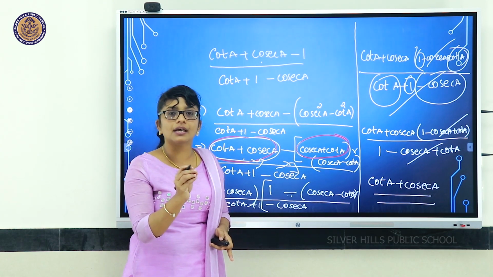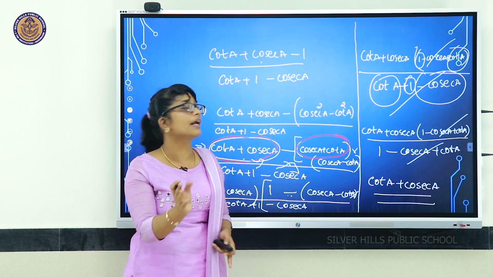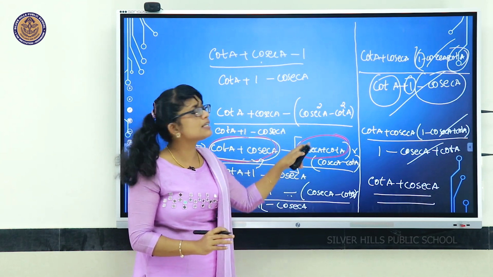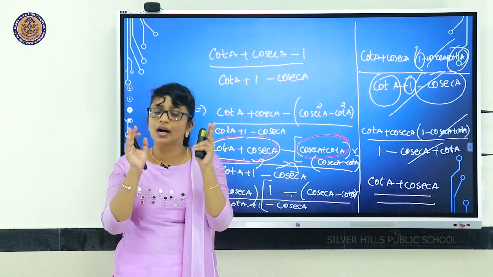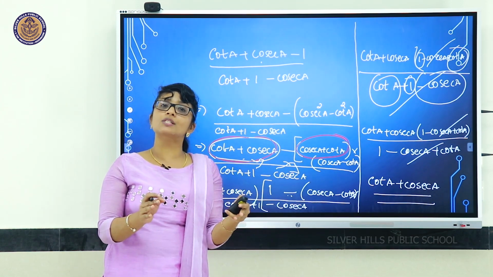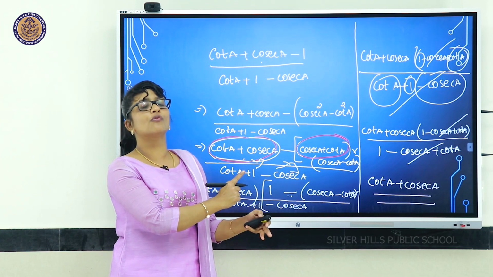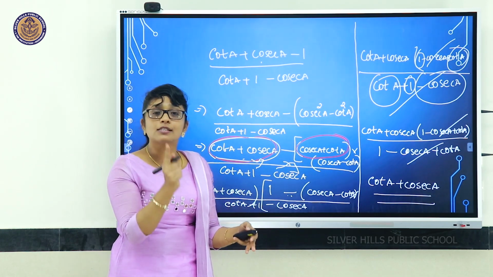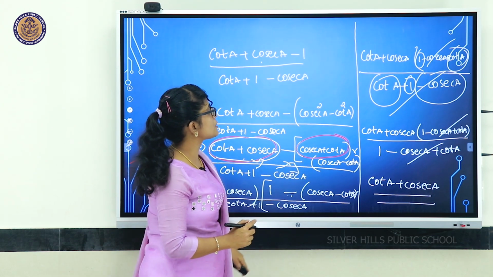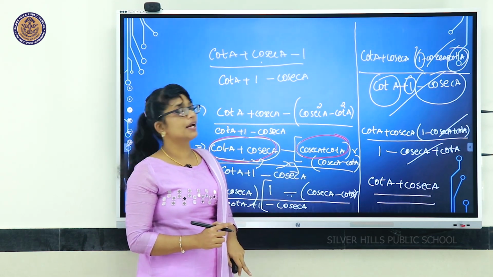Which identity? Three identities we studied connected to cot A and cosec A. That is cosec square A minus cot square A. It is in the form of which identity? A square minus B square, that is (A plus B)(A minus B).